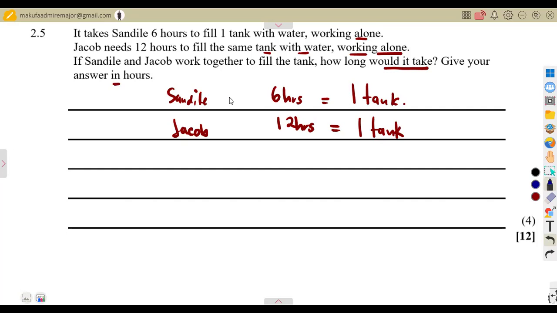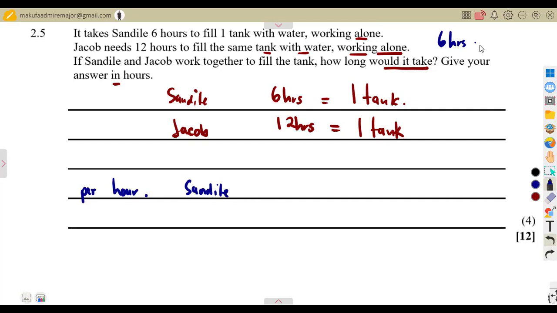So let's consider a pace where they work per hour, both. Sandile works 6 hours to fill this tank. What about per hour? If 6 hours is equal to 1, it's a proportion now.